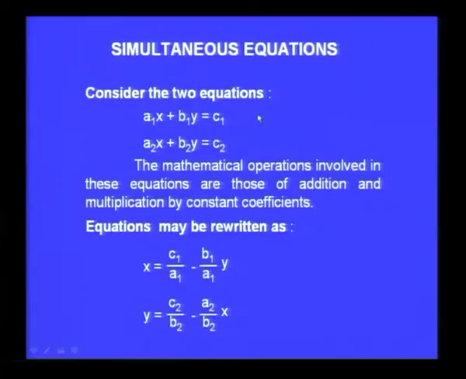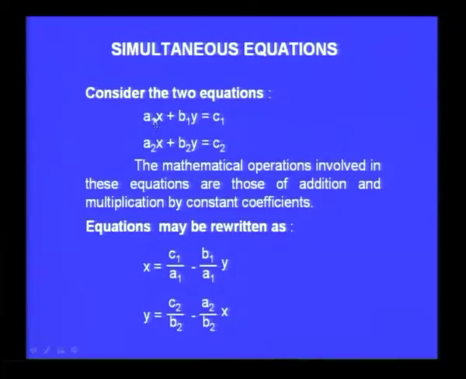So this mathematical operation of solving simultaneous equations, most of you know, you would have studied in your school, and this can be done also electronically using an operational amplifier, and the solutions will be in the form of voltages. So that is what I am going to now attempt to explain to you.